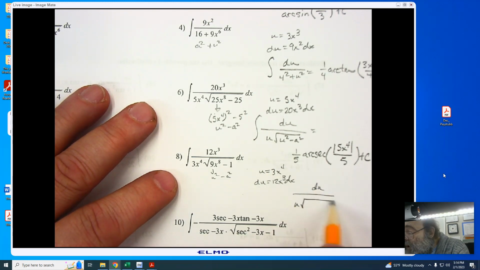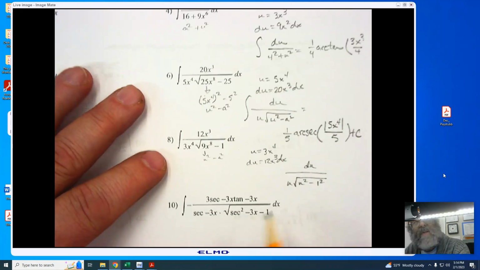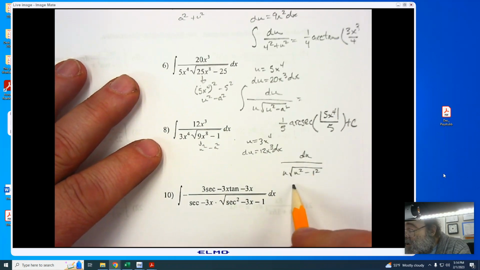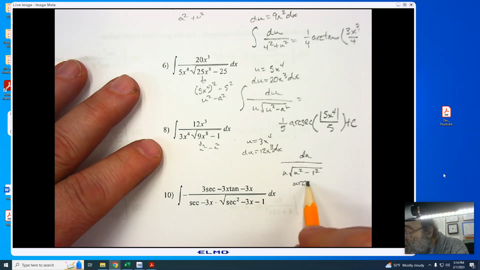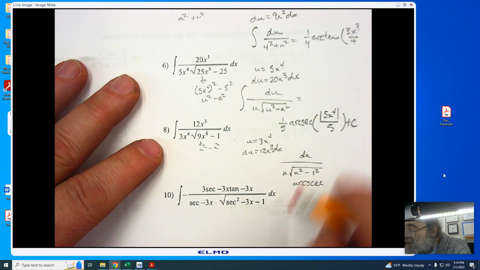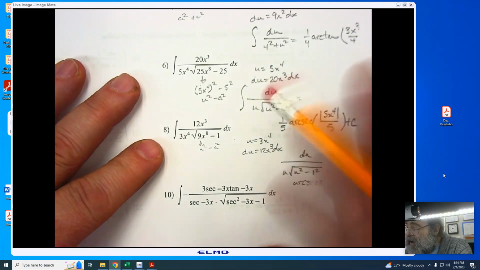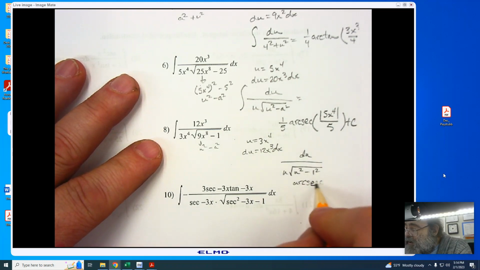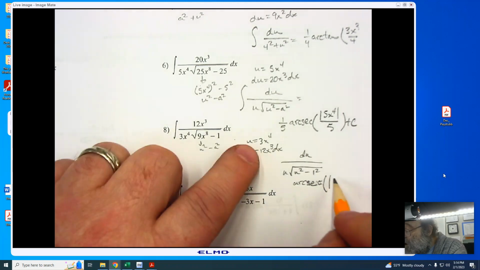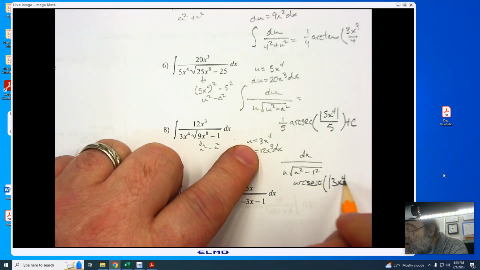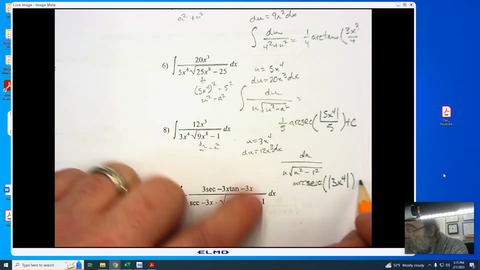We have u times the square root of u squared minus 1 squared. This is our arc secant. So we're looking at 1 over 1 arc secant, absolute value, helps to spell it correctly, arc secant, and we have the absolute value of 3x to the 4th divided by 1, plus c.